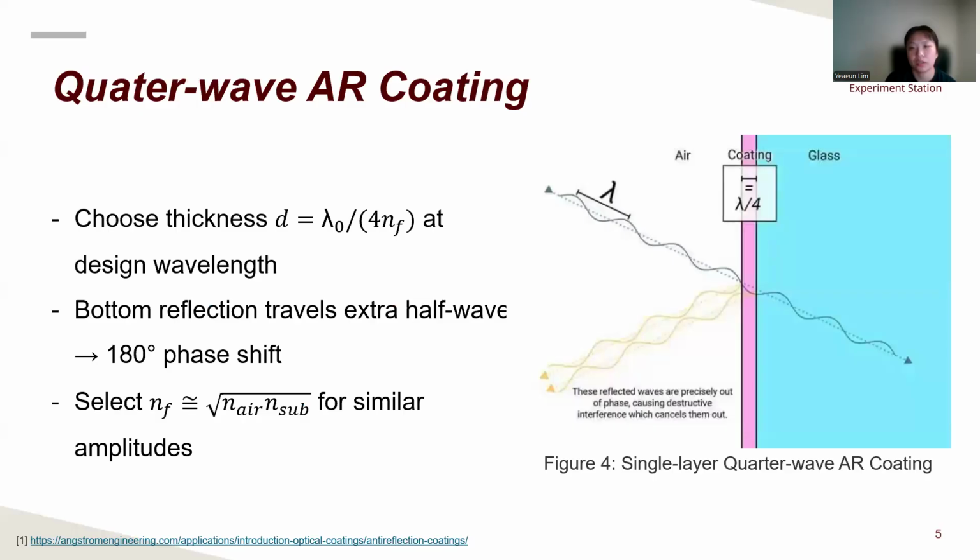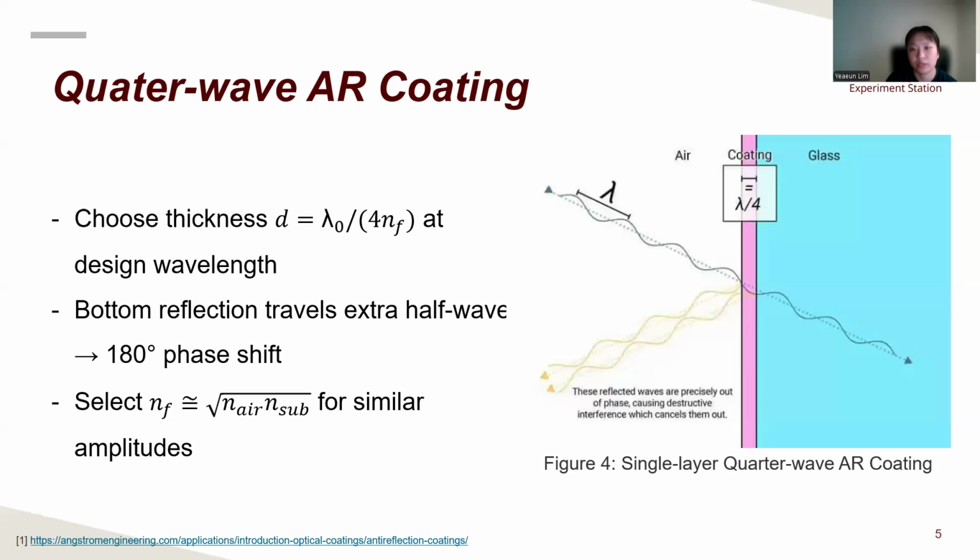For a single layer anti-reflection coating, we set the film thickness to d equals lambda 0 over 4 n_f. So the optical thickness is 1/4 wave at the design wavelength. The beam that reflects from the bottom interface then travels an extra half wavelength compared with the top reflection. That gives a 180-degree phase shift, so the two reflected beams largely cancel each other.